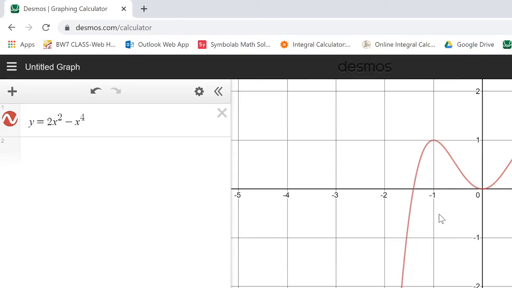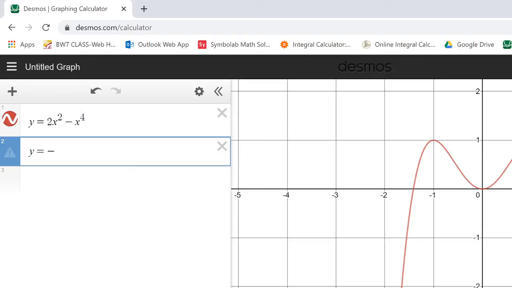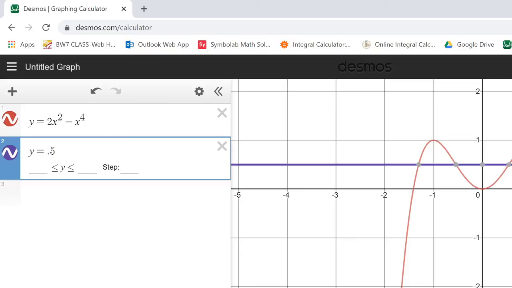Okay, so we see we have this inverted kind of W shape here. And we could see that it is not one-to-one, right? If we graph a horizontal line here, there's one line, and here we could see there, definitely not one-to-one. Hits it more than once. But it is a function, right?